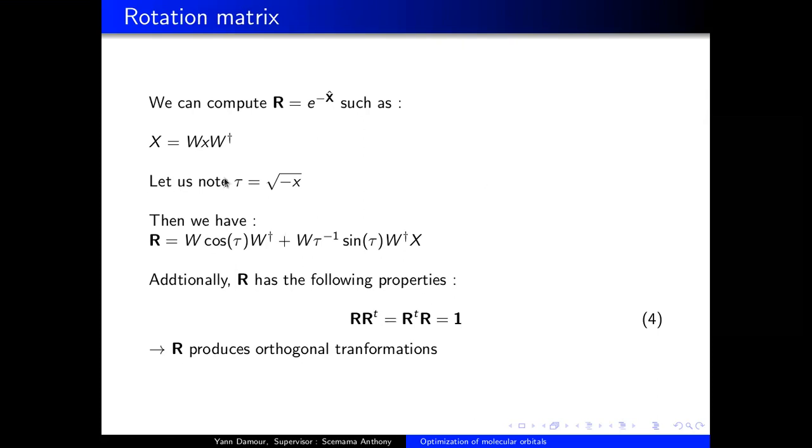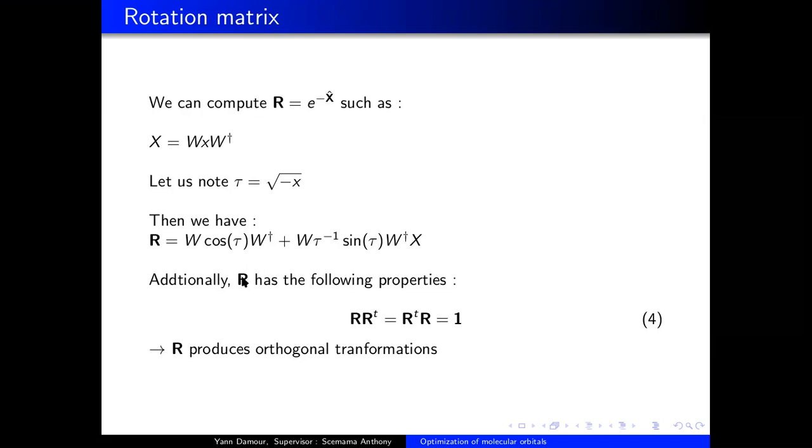And we can compute the rotation matrix by the eigenvector multiplied by the cosine of the diagonal matrix multiplied by the transpose of the eigenvector, plus the eigenvector multiplied by the inverse of the diagonal matrix multiplied by the sine of the diagonal matrix multiplied by the eigenvector transpose and multiplied by X.